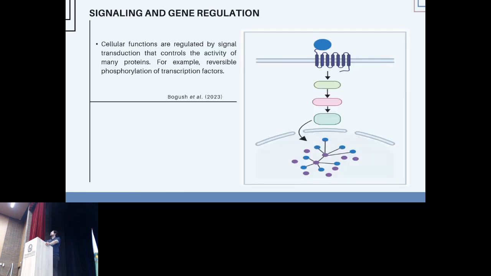Growth factors and other molecules, such as signals, are important in the development of these alveolar organoids because they regulate the gene expression of the cells that are part of the organoid.